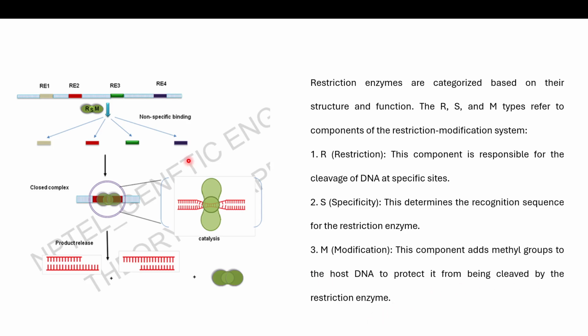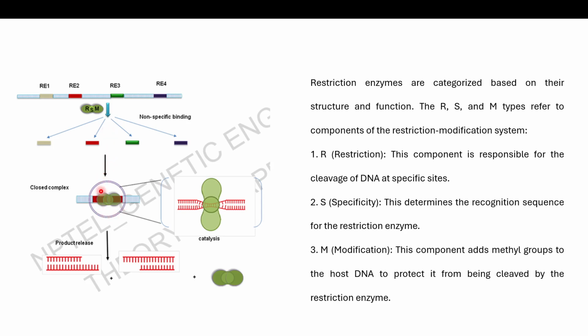So what usually happens is, first, suppose this restriction enzyme is binding. Based on the S type, it will search for the specific recognition sequence, to really look for the specific recognition sites. Once that site is recognized, there will be a closed complex of this restriction enzyme.